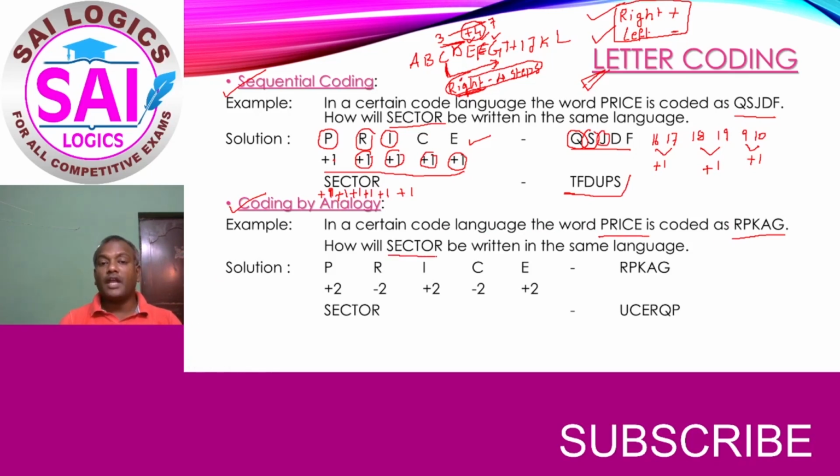Now if you observe here, P is 16 and R is 18. So what might be the rule?